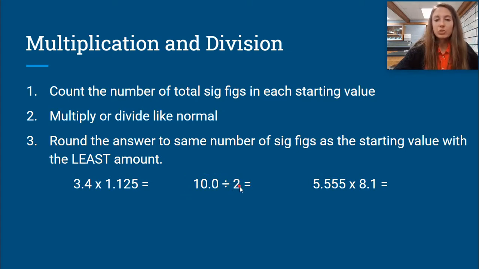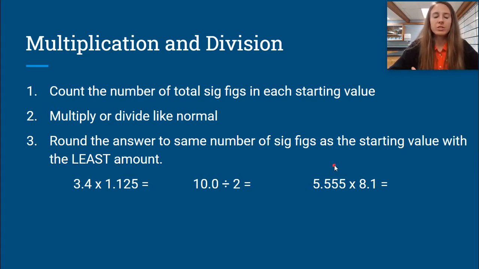We're dividing that by 2, which has 1 significant figure. So our answer, no matter what it is, has to be rounded to 1 sig fig because 1 is less than 3. This last one here, 5.555, contains 4 significant figures. If we multiply that by 8.1, which contains 2 significant figures, whatever our answer is has to be rounded so that it only contains 2 sig figs because 2 is less than 4.